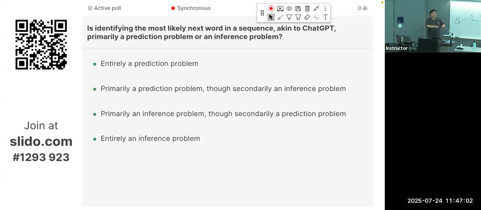It starts with a word and then predicts the most likely next word that follows the previous one. So in identifying the most likely next word in the sequence, is this primarily a prediction problem or an inference problem? Is ChatGPT doing prediction or inference? Talk to your neighbors. I don't think there's a right or wrong answer here.